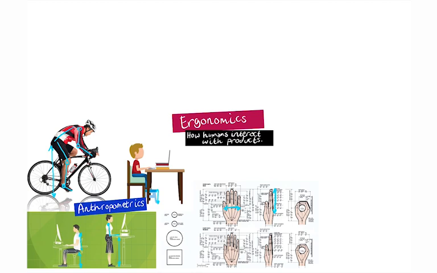Or the designer would need to consider the leg length of the person in order to be able to make sure that they can reach the pedals. So the key thing is, whenever you're discussing anthropometrics, is that you mention specific body part sizes and then relate these to why this is an important consideration.